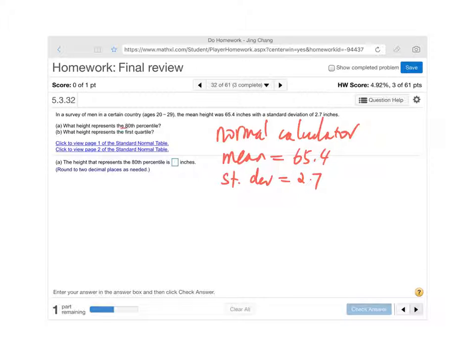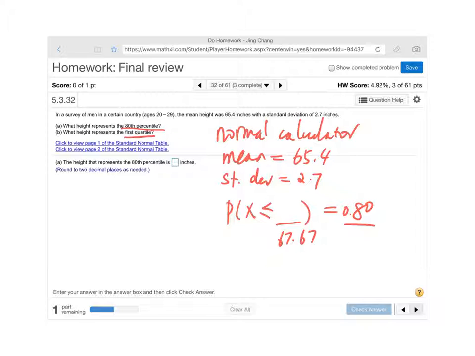What height represents the 80th percentile? Which means the percentile is always less than or equal to. So you will put 0.8 as the probability, and use compute to figure out the answer. Leave this blank. So the answer is 67.67. That's the height to represent the 80th percentile.